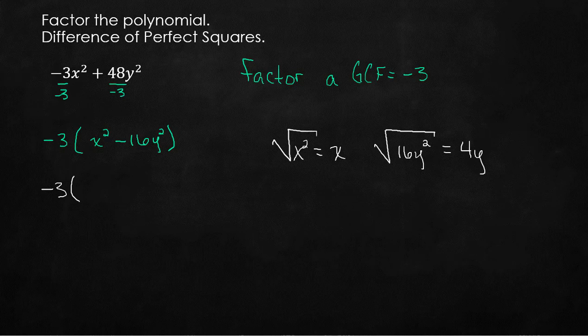Keep your greatest common factor that we took out in front. The square root of the first term, square root your second term, and we get a plus and a minus. And now we have factored a difference of perfect squares.